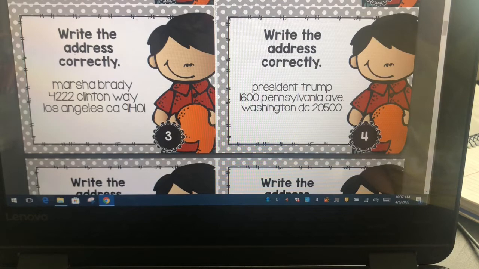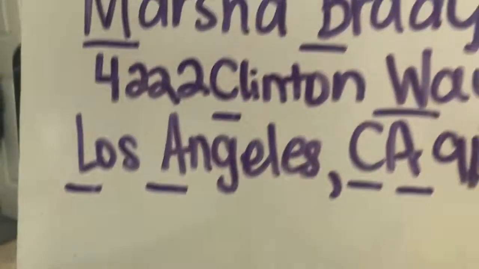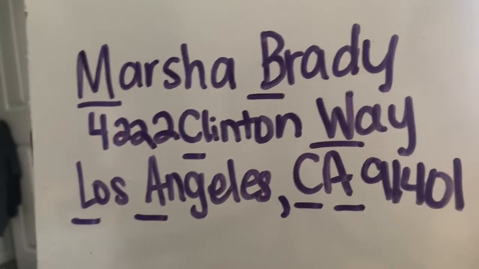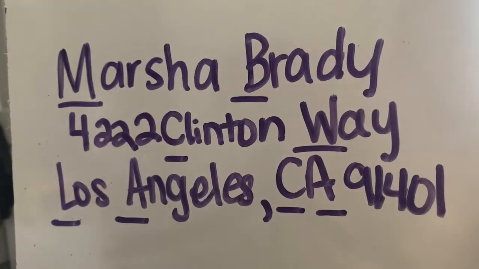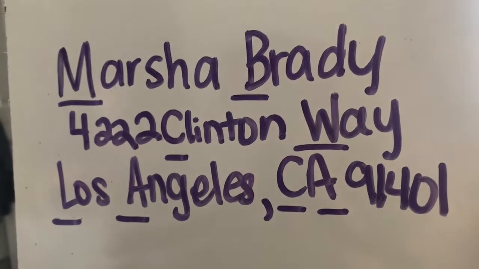Again, that's CA is the state, 91401. Now for this one, I'm going to underline the letters that I capitalized so you can clearly see what needs to be capitalized. So for number 3, it should look like this. Remember, pause if you need to pause the video.